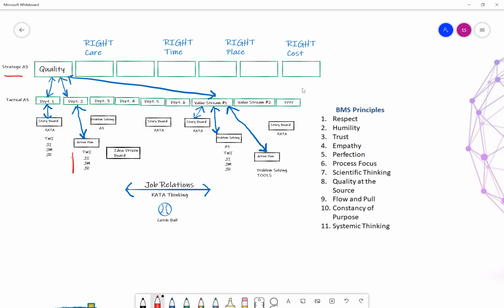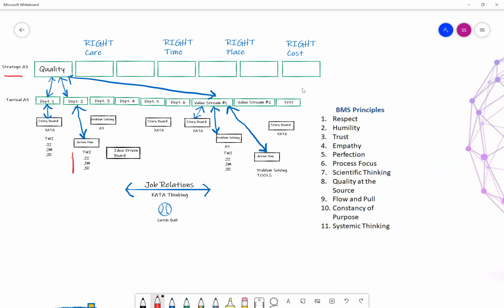Now, you'll notice on these blue lines, there's an arrow on both sides, because that's what we call catchball. See, catchball just refers to the give and take required between management levels and staff during this planning and implementation process. It's really trying to understand the current condition. It's having these really frank, reality-based discussions between and within levels of management.